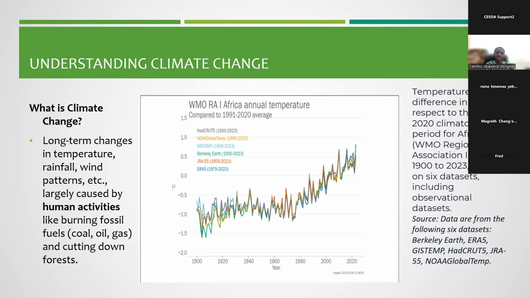So you see that in the 1900s, temperature was quite low. But over time, you realize that the average temperature within the continent keeps going up. And that is why we in Africa need to be concerned about what is happening. Because if we don't find a way of solving this particular problem, then we will continue to suffer the problems that it presents to us at the end of the day.